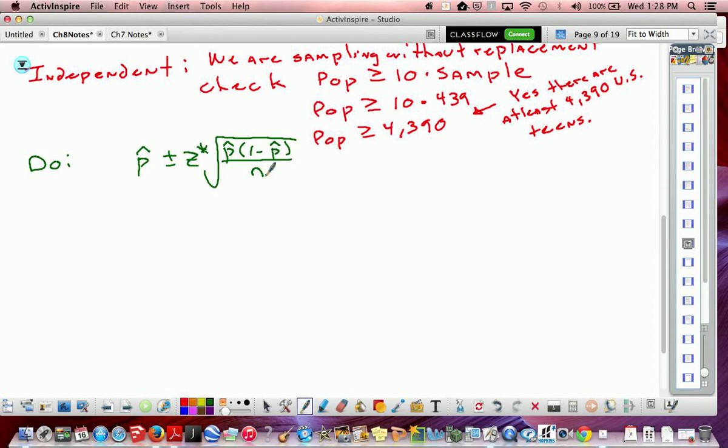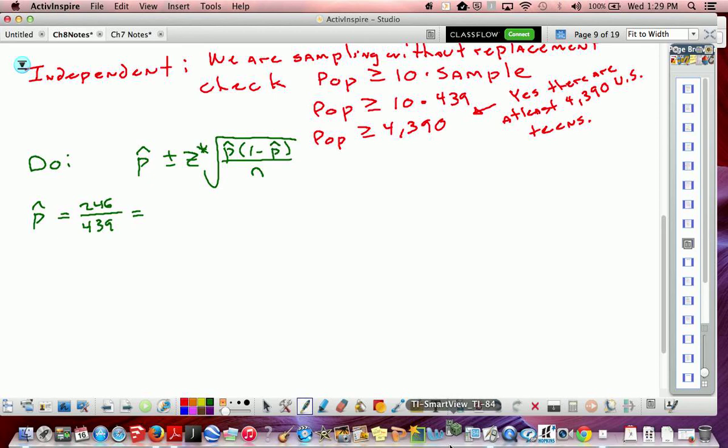So, now I gotta get these values. What's p hat? Sample proportion, which is how many said yes? 246 divided by... Okay, so take a second and let's calculate that out. 0.56.